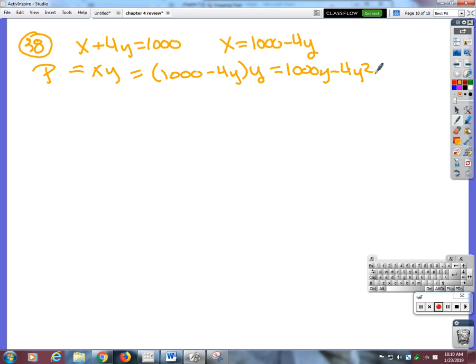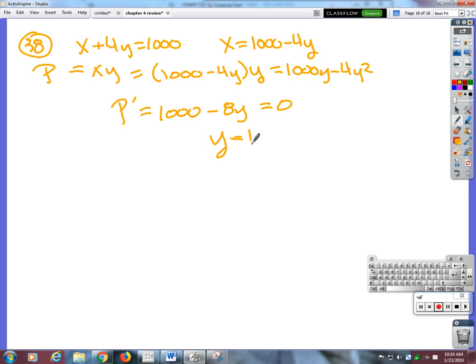Not yet. Take the derivative first. Now set it equal to 0. So y equals 1,000 divided by 8, which is, I feel like, 125.